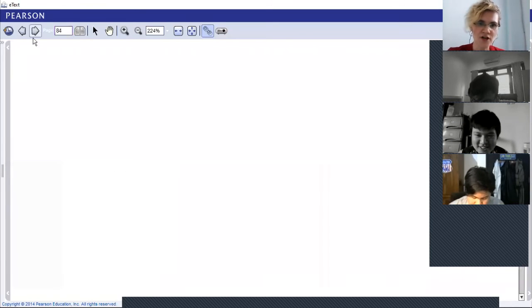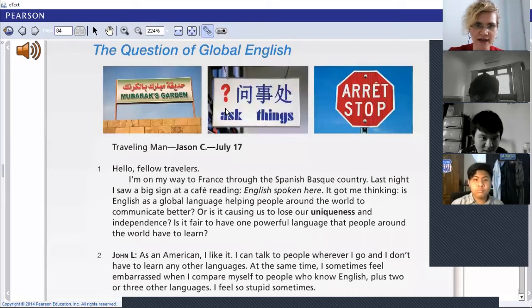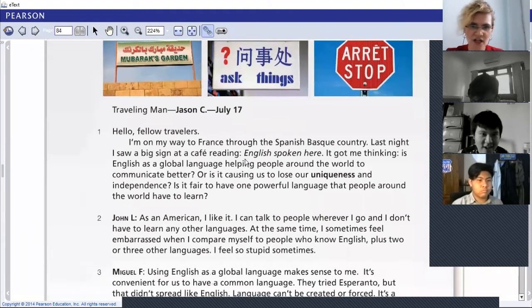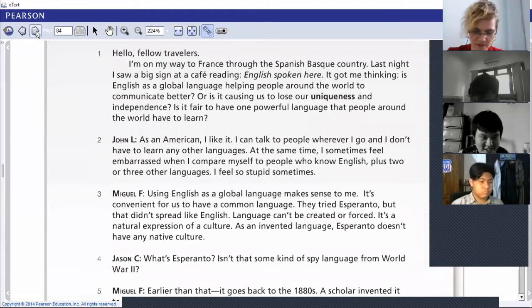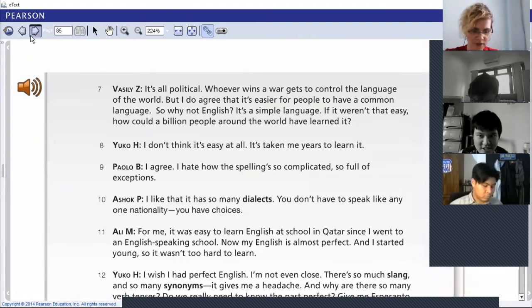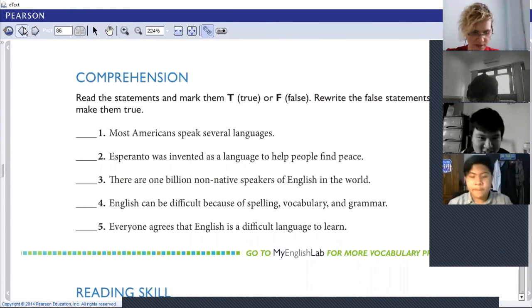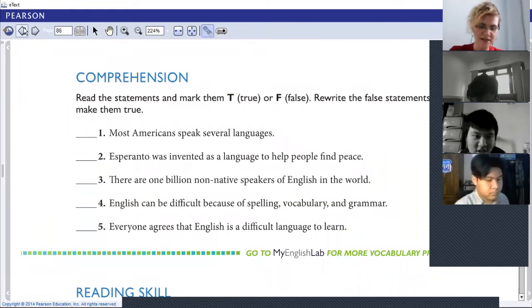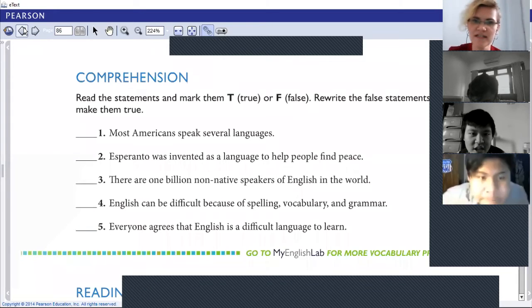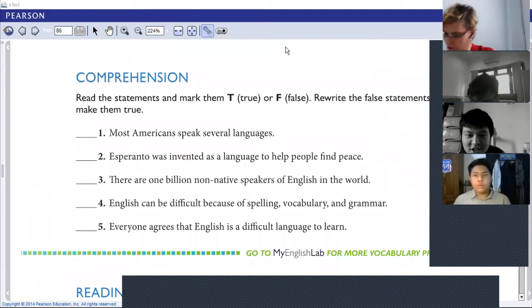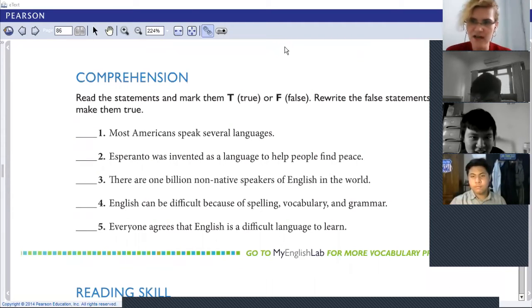Yeah. So, the vocabulary first: you have the question of global English, the bold-faced words, that is the vocabulary. You guys know that already. You've been doing this already for 1 semester, so you can kind of skip. That brings us to the comprehension, true or false. True and false questions are questions that are detailed. So we have a lot of different types of questions, okay?